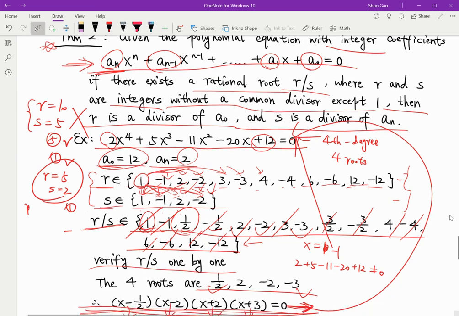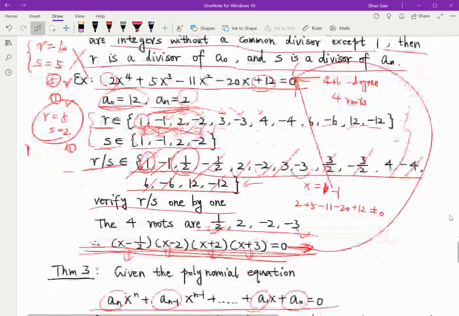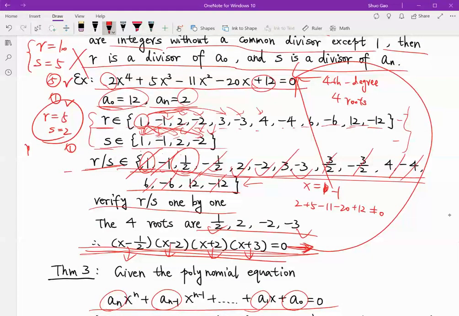Although it's a little bit time consuming and complicated, you have to do a lot of simple calculation, and it's very easy to miss some of the roots here. But if you plug in one by one, then finally you can find all the roots. So it's a more general way that we use to solve for higher degree polynomial functions.